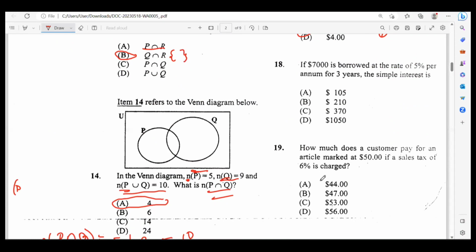All right, let's go to the next one. It says here, 7,000 is borrowed at an interest rate of 5% per annum for 3 years. The simple interest is what? You can do this a number of ways. You could set up the simple interest formula. So we're talking 7,000, 5%, 3 years.